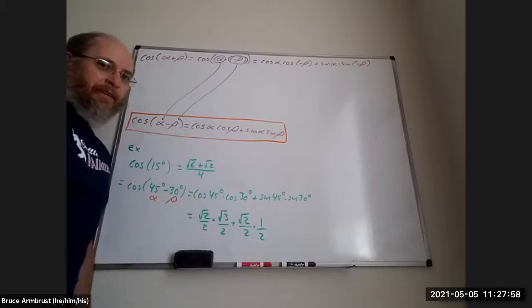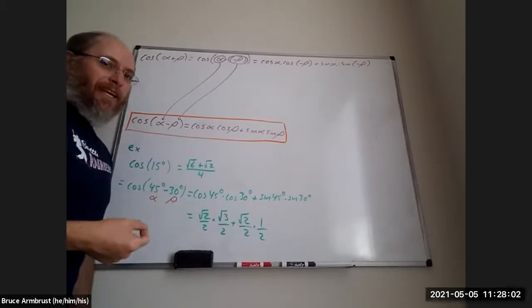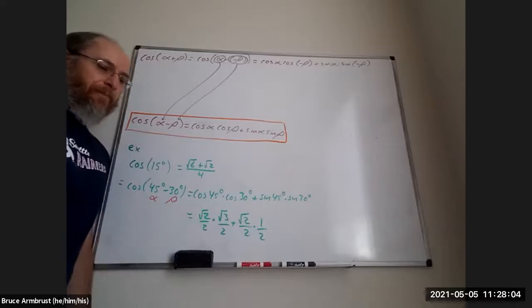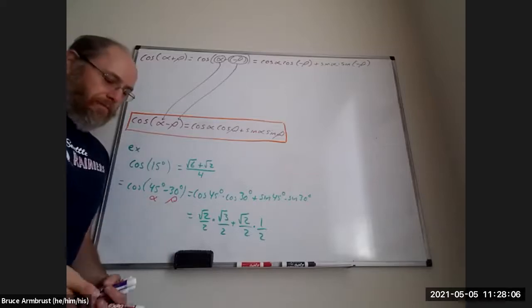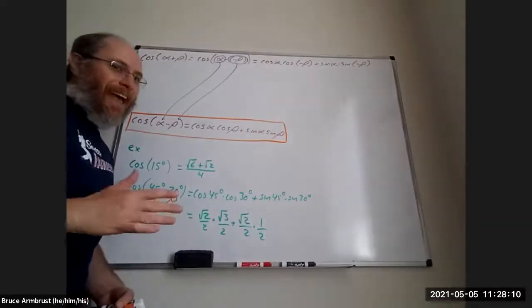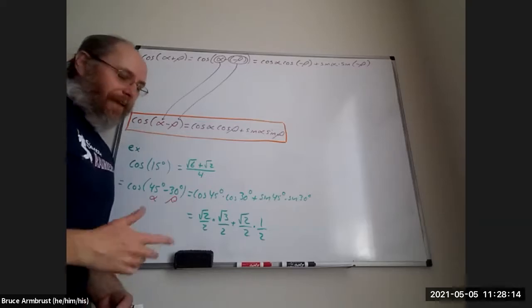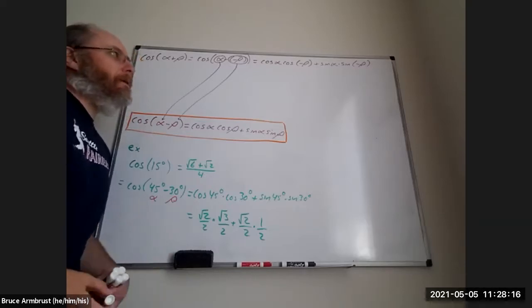So the alphas stay the same, but all the betas, we're now putting in a negative beta. Okay, so just remember that adding is subtracting negatives. We do that a lot in math.